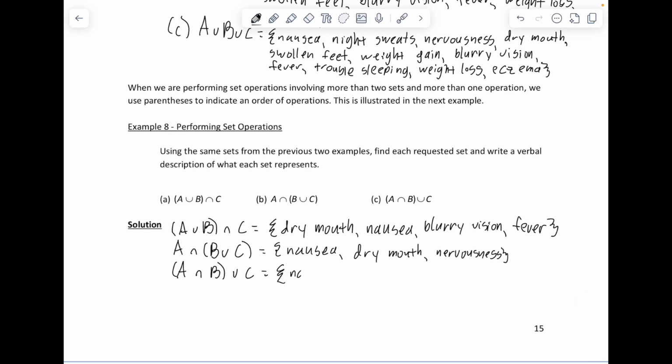So nausea, nervousness, dry mouth, blurry vision, fever, weight loss, eczema.